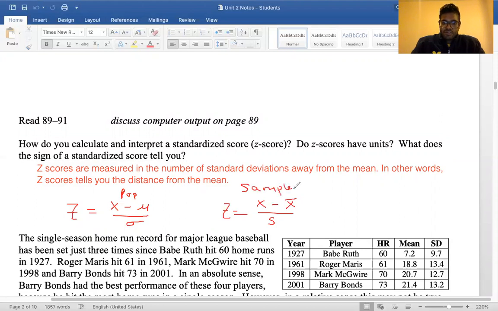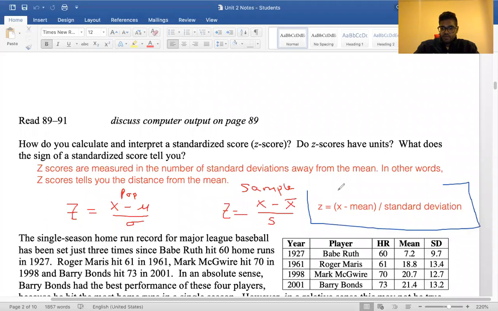We're going to get into more of this as we go through the course. But for right now, just know that z is equal to the x value minus the mean divided by the standard deviation. That's the big thing to take away from this, and know that z-scores are just a measure of distance away from the mean.